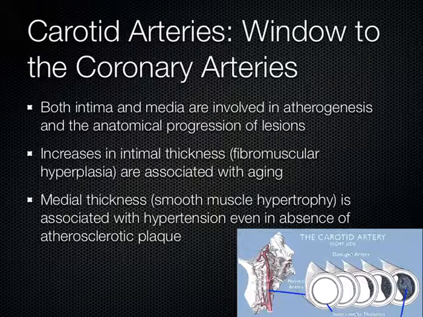Cool. Carotid arteries: the intimal medial thickness of the wall of the carotid is a surrogate marker for all of the vasculature in the body. What do I mean by that? A surrogate marker, we use these things in medicine all the time.